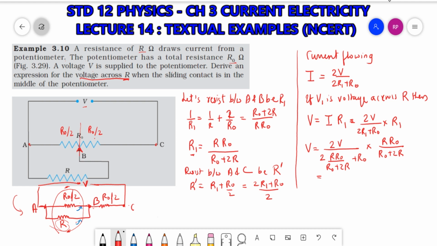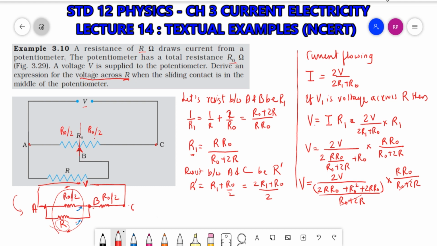Clear? So let's take the LCM. It will be 2V upon 2R0 plus R0 into R0 square plus R0 into 2R R0 upon R0 plus 2R. So V is equal to this into R0 upon R0 plus 2R. R0 plus 2R, R0 plus 2R gets cancelled.